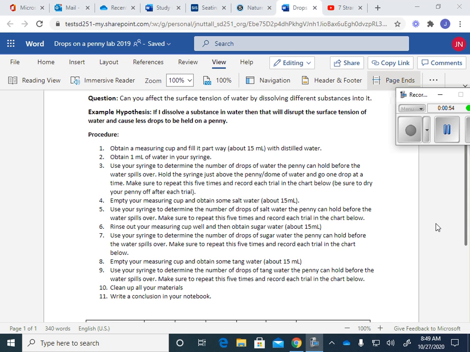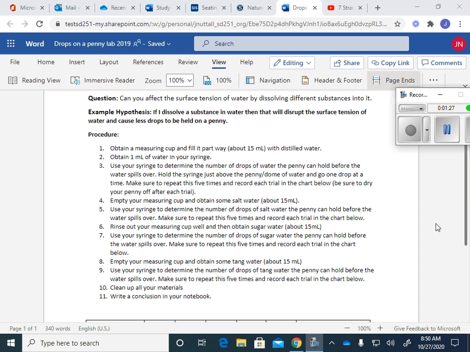And so the way we're going to study that is we're going to find out the number of drops that get on the penny and measure that in several trials for regular water, for salt water, for sugar water, and for Tang water. So we have a few different substances we're going to try. Each person will have their own penny, but each table will have a liquid starting with water.